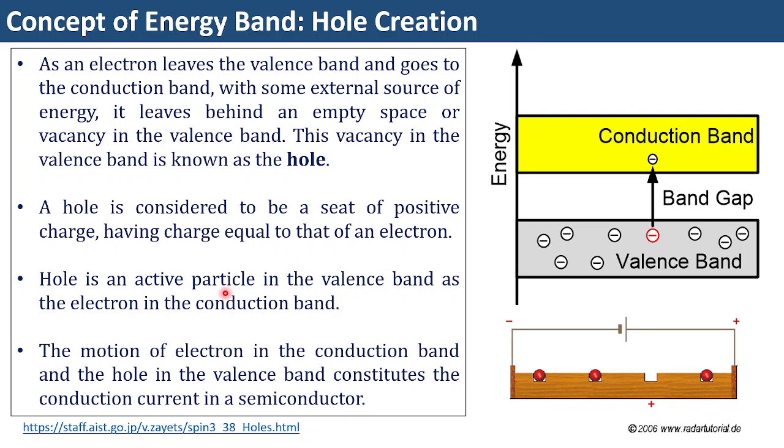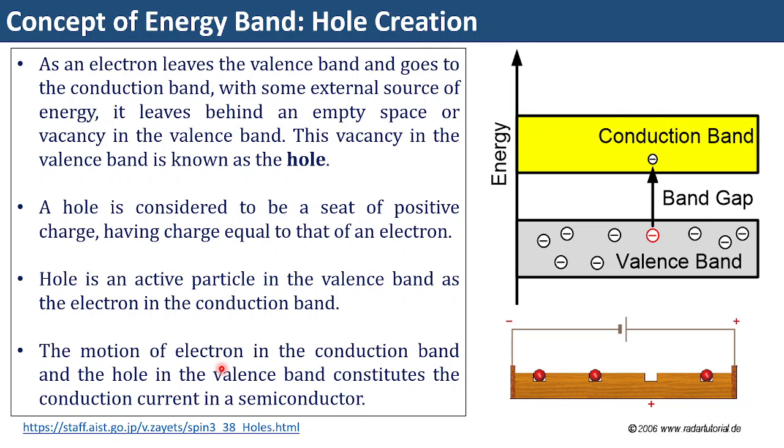So a hole is an active particle in the valence band, as the electron is in the conduction band. For example, an electron moves in the conduction band, a hole moves in the valence band. The motion of electrons in the conduction band and holes in the valence band constitutes the conduction current in a semiconductor. That is an interesting part. The semiconductor current is given by two entities. One is an electron, another is a hole. Because you have conduction both in the conduction band and in the valence band.